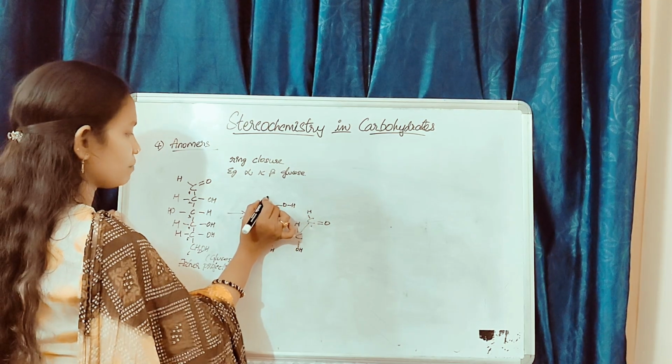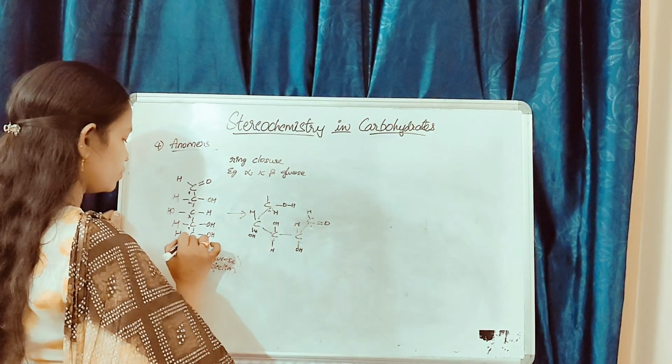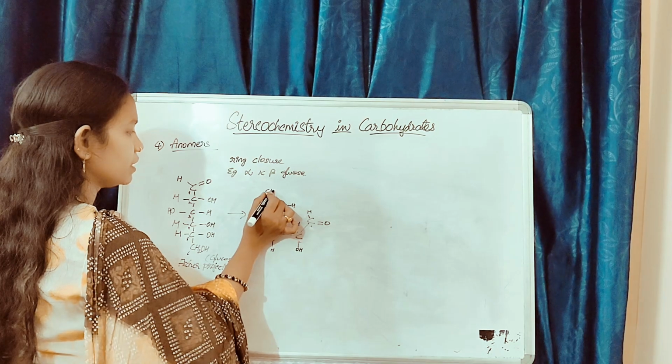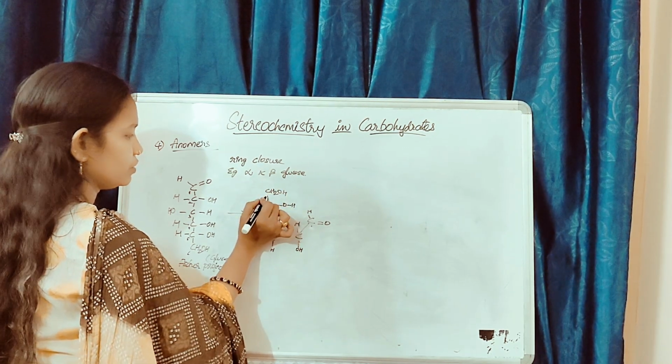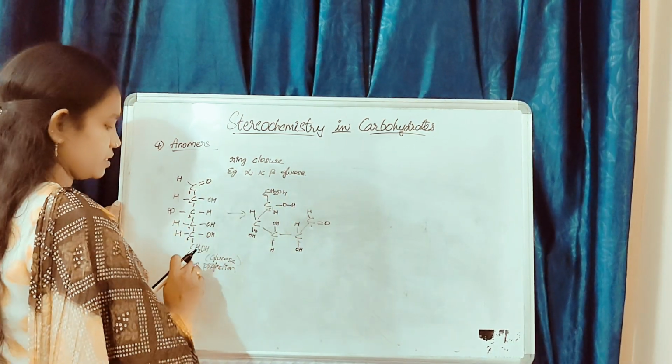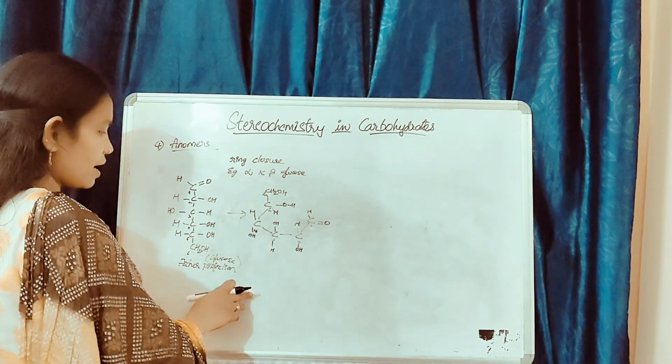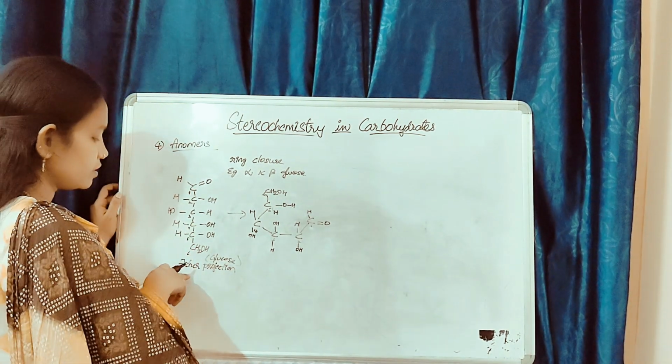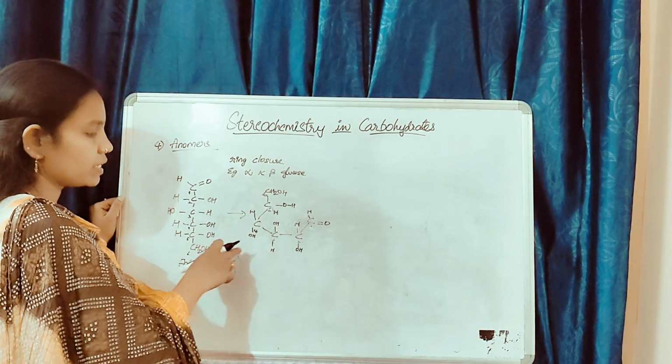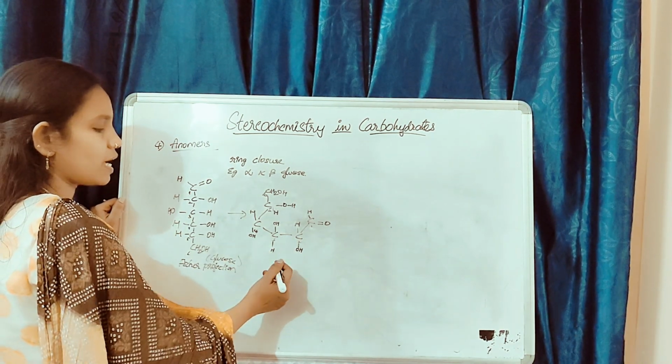Now we'll see what will happen. To the fifth carbon only, sixth carbon atom will be attached. So it is sixth carbon atom. Have you understood? So here this Fischer projection we are making into the ring, means Haworth projection.